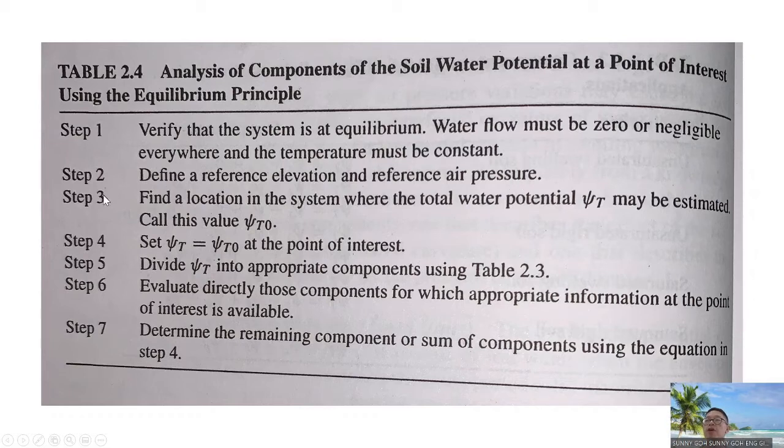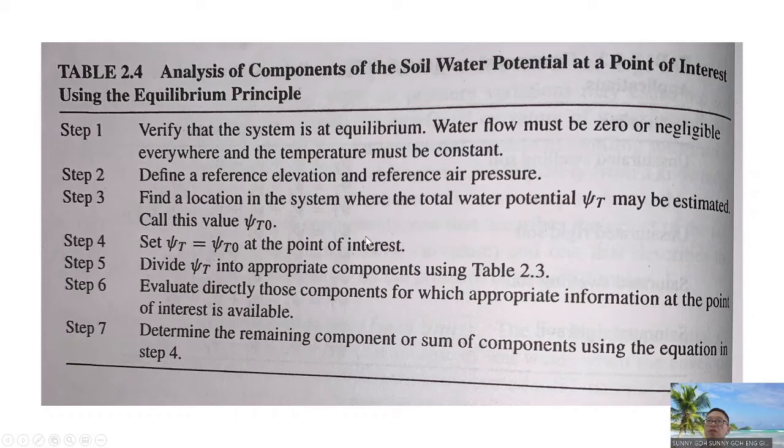That is step 2. Step 3, find a location in the system where the total water potential WT may be estimated, and call this value WT naught. Okay, and step 4, set WT equals to WT naught at the point of interest.